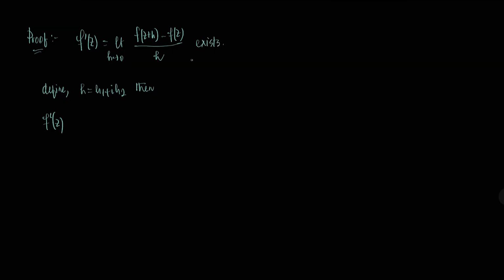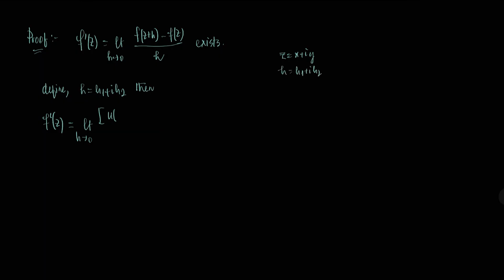Since it is differentiable at the point z, this particular derivative exists. This is the idea. So this is nothing but the limit as h tends to 0. Now let us break everything up. Z is nothing but x plus i y, and h is nothing but h1 plus i h2.